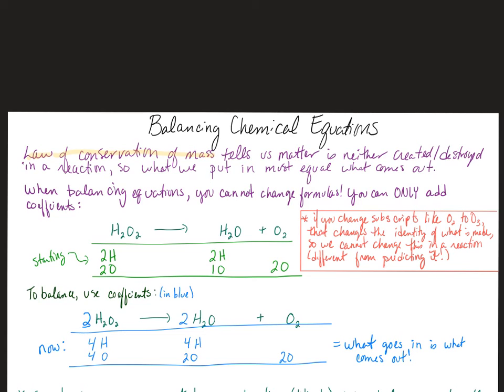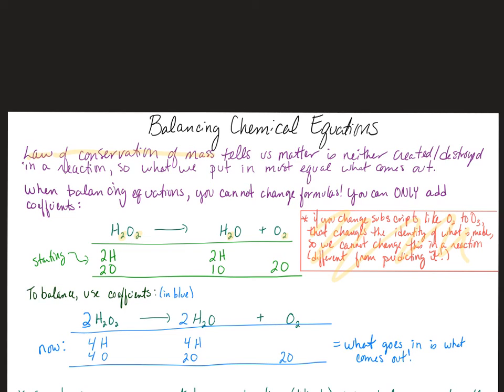And you have to keep in mind what I have over here: when we deal with subscripts, these little twos down here, remember, those came from making the formula. If you start to change that, you start to change the identity of the molecules that you're either putting in or taking out.